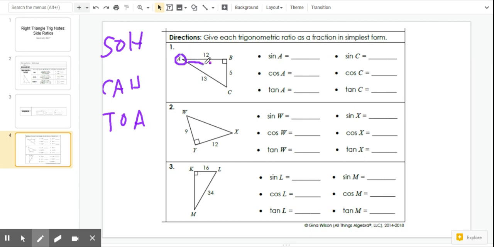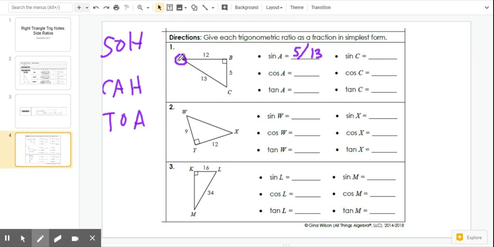Opposite is 5. The hypotenuse is across from the 90, so it's 13. Then cosine of A is adjacent over hypotenuse.